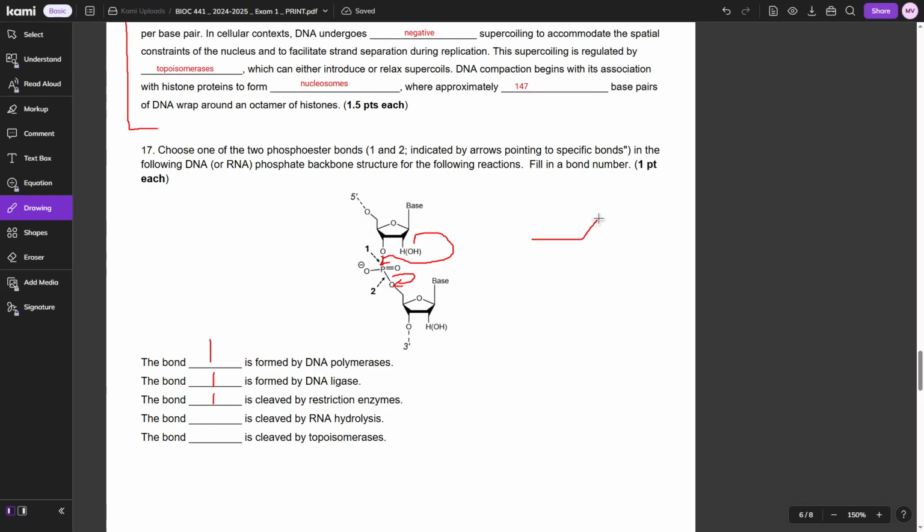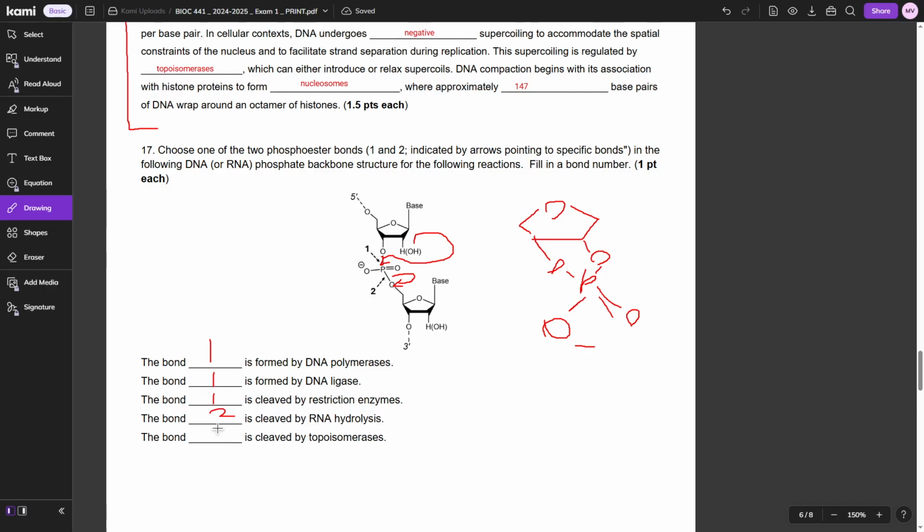Because remember what you end up with, I'm not going to draw the whole thing, but you end up with this thing, right? As the phosphate, right? Because you've broken off the second bond here.